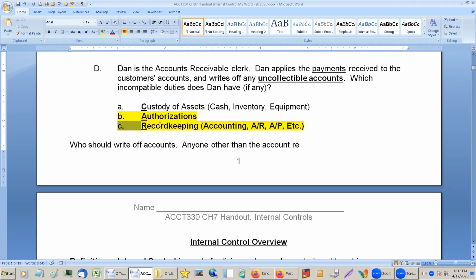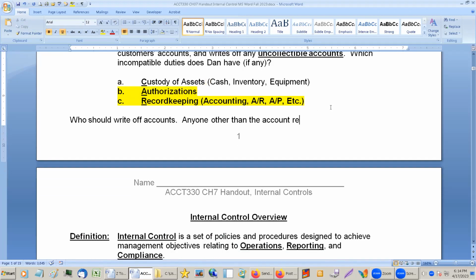He should be able to do the record keeping. That's his job. So everyone should usually have one of these duties. It's when they have two of them that they're incompatible. You shouldn't have one person have two different duties. So writing off the accounts could be anyone other than somebody in accounts receivable.